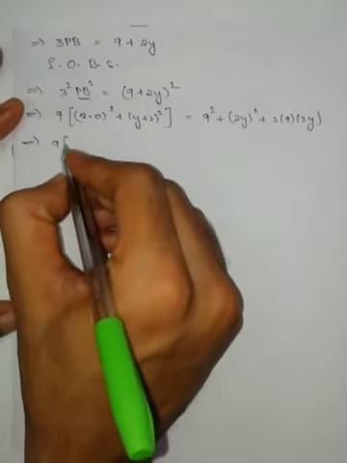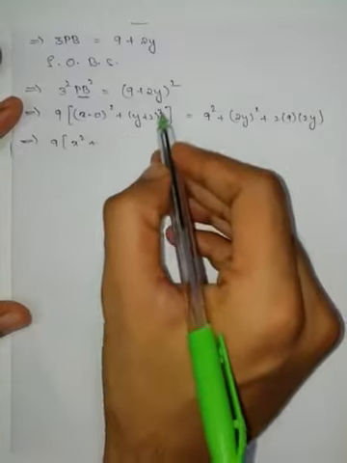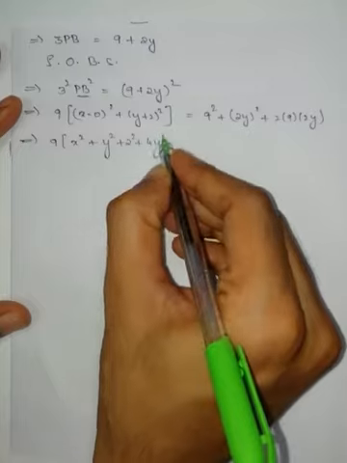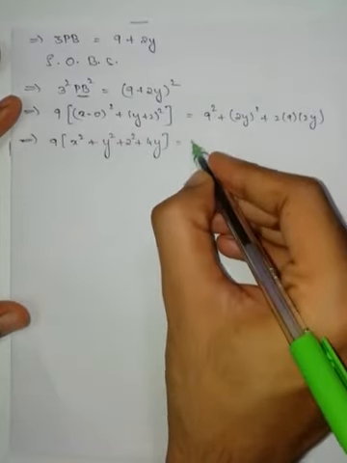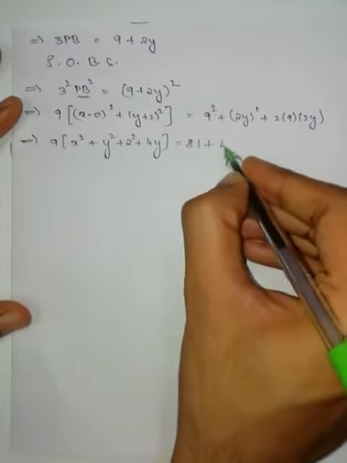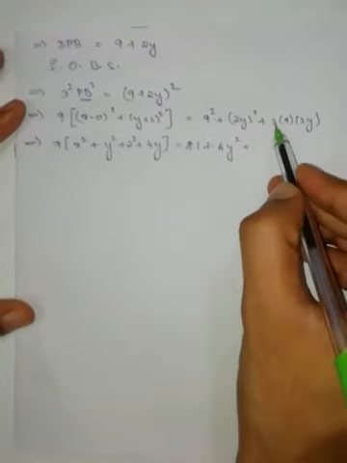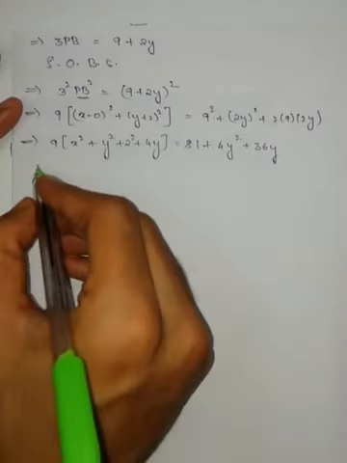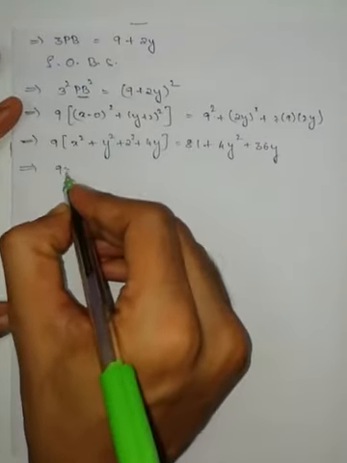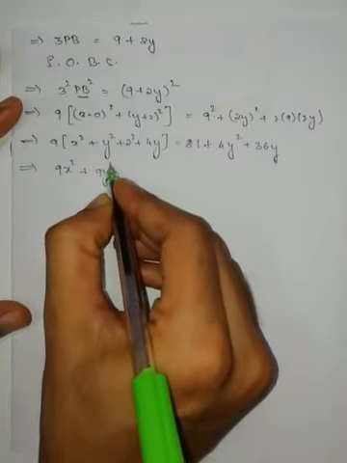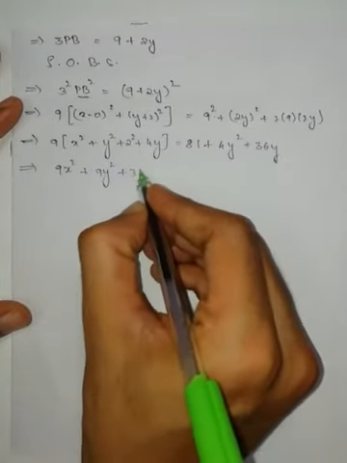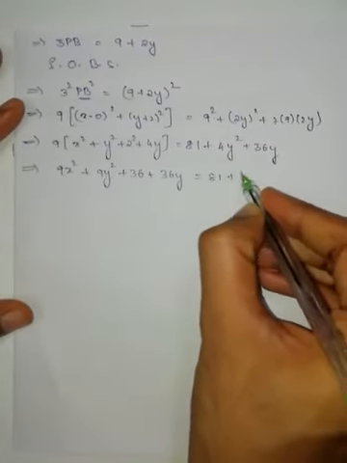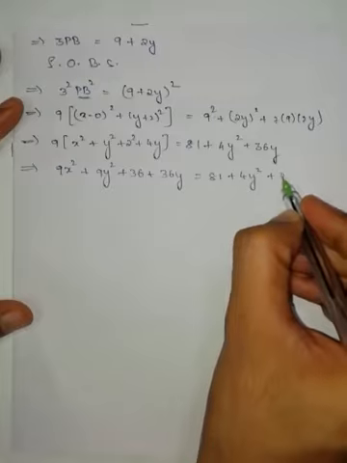This implies 9 into x square plus, in the form of (a plus b) whole square, y square plus 2 square plus 4y is equal to 9 square is 81 plus 4y square plus 2 times 4 times 9, that is 36y. This implies 9x square plus 9y square, 4 nines are 36, plus 4 nines are 36y is equal to 81 plus 4y square plus 36y.